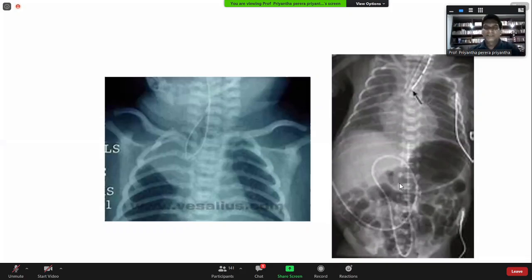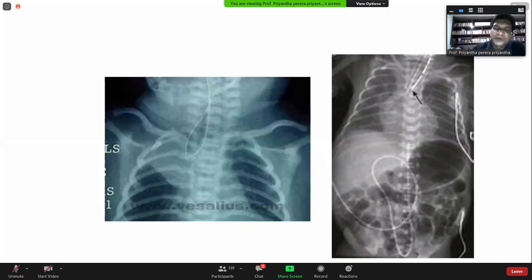The upper esophagus is not in connection with the lower part, so the air can't go down. The only way air can go down to the stomach is if there is a fistula between the lower end of the esophagus and the tracheobronchial tree. Got it?